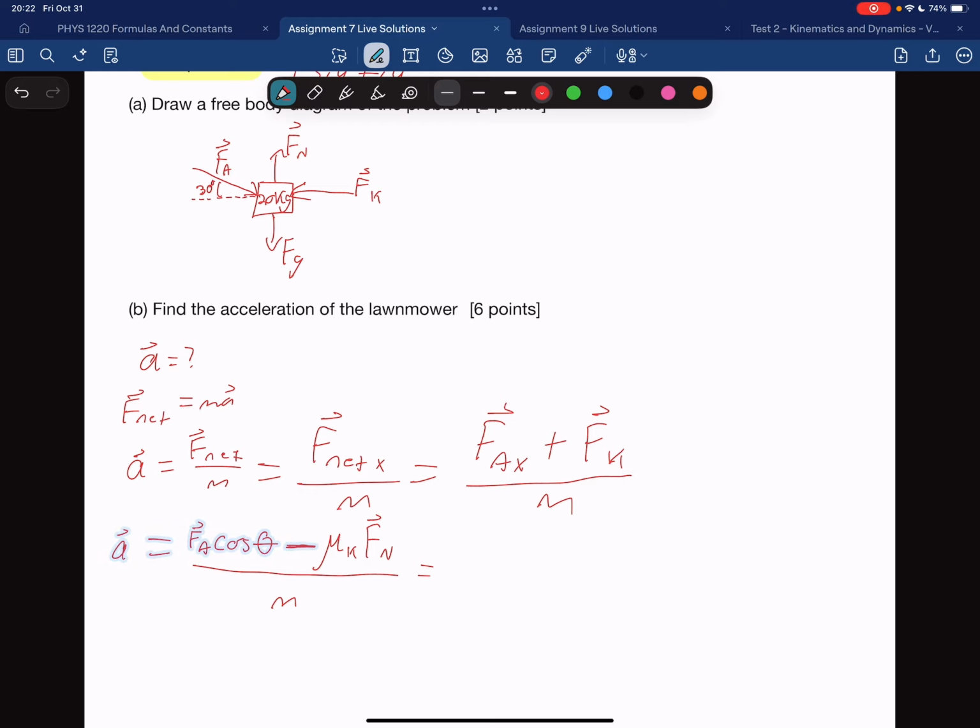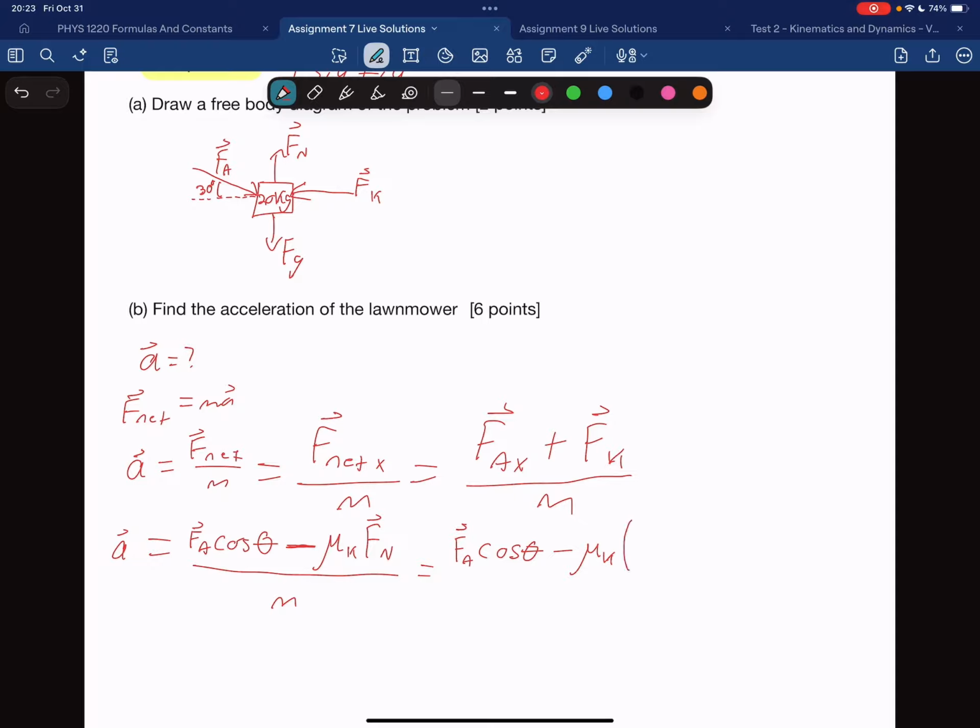Expanding further, well, what's the normal force? I still have everything else that's the same. And I'm going to plug in all my numbers at the end. Everything else up until the normal force is the same. I'm going to put some brackets here.